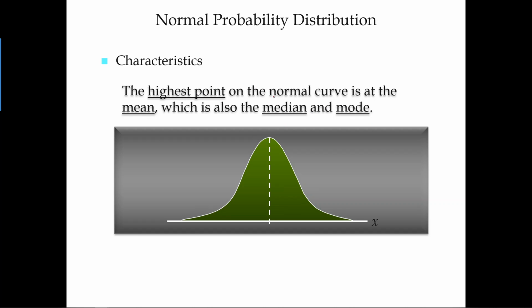The highest point itself is not the mean, median, mode; the mean, median, mode is the value on the x-axis. After you find the peak and draw a vertical line, the intersection between the vertical line and the horizontal axis is the mean, median, and mode for your random variable x.